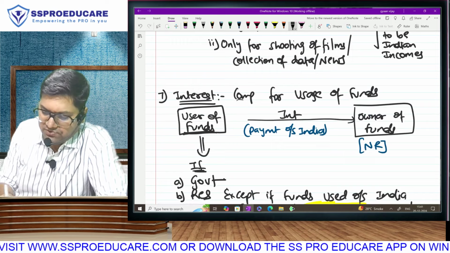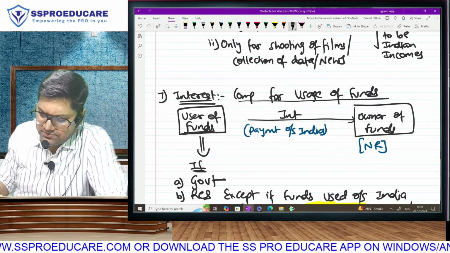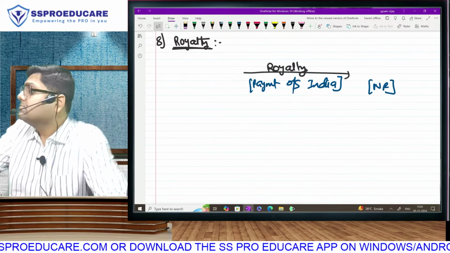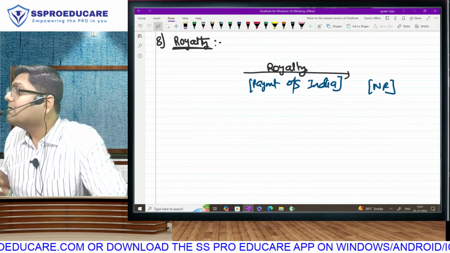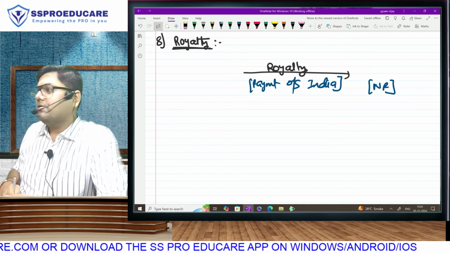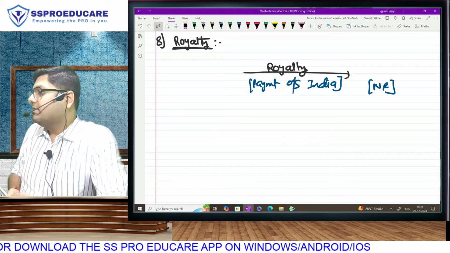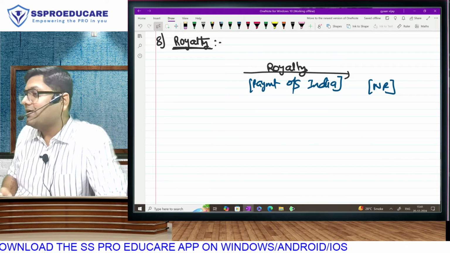Like this is compensation for usage of funds. What is royalty? Any idea, anyone? Don't tell each other, tell me. Trademark, patent. These are names of assets. Intangible asset. But what is royalty, I am asking?